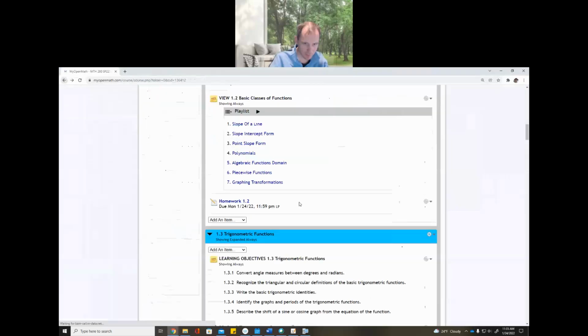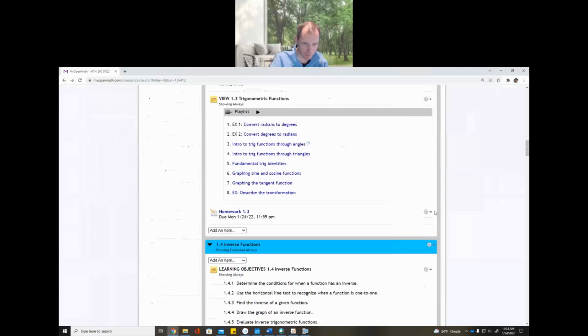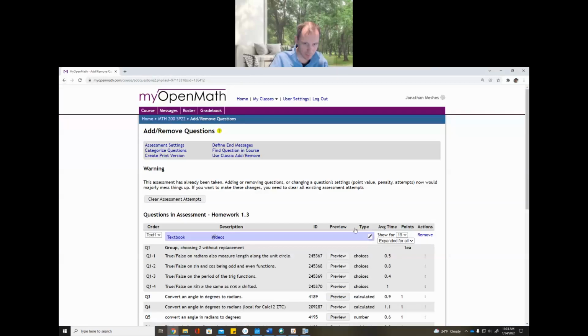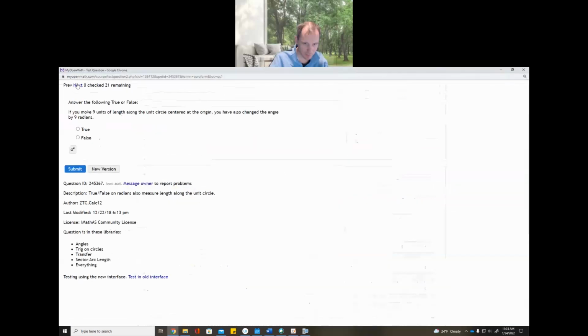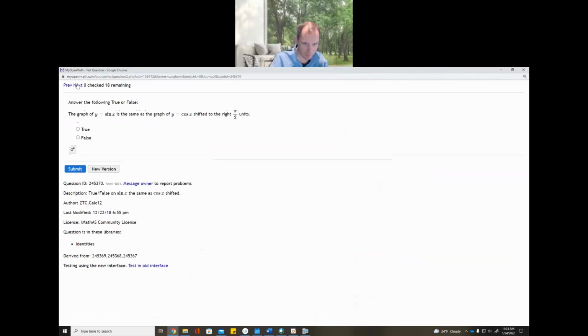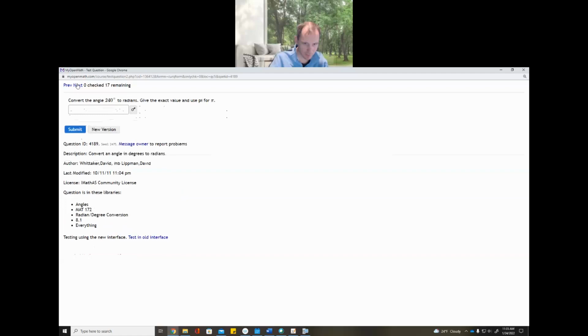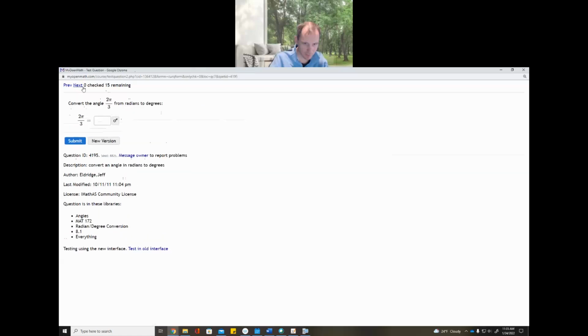Okay, let's go on to 1.3 then, the trig stuff. There should be plenty of questions about trig. And one of the early things that we're working in here is you've got degrees, converting to radians, going back and forth. One of the things that is going to be important going forward, when we work with angles, most people prefer to use radians because the numbers feel really nice, right?